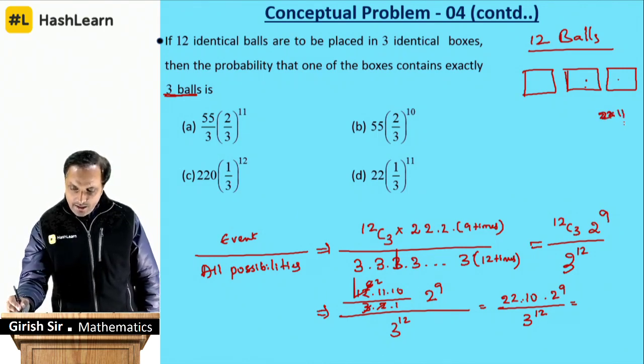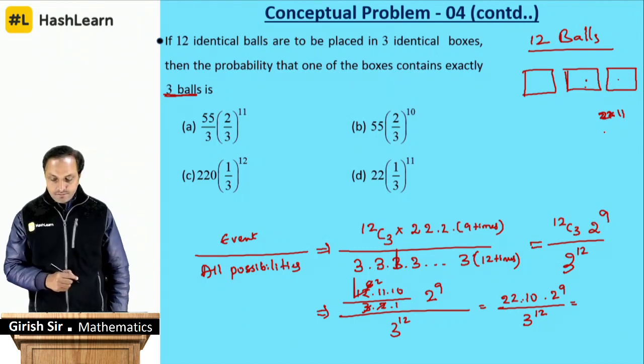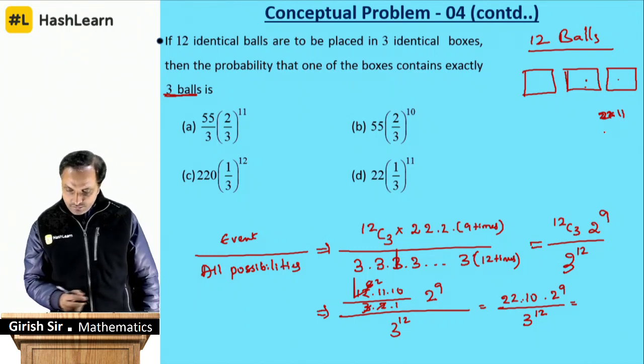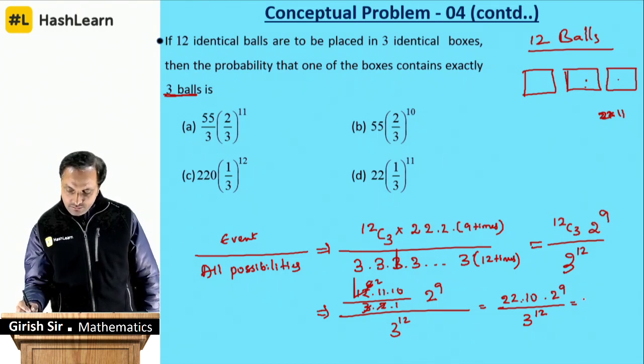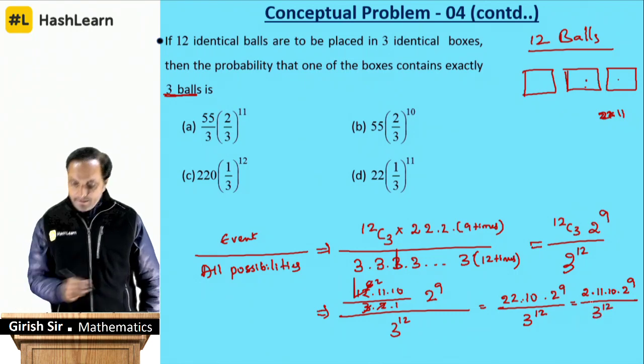That is 2 into 11 if I write. This is 2 into 11 into 10 into 2 to the power 9 divided by 3 to the power 12, if I write like this.